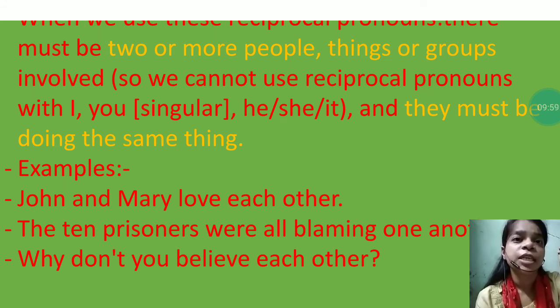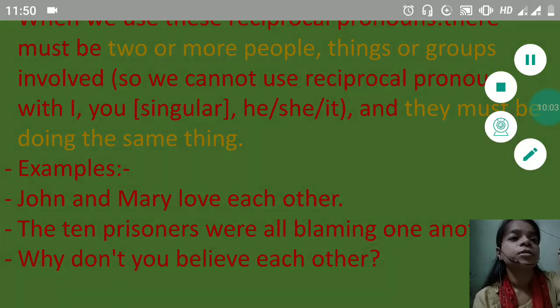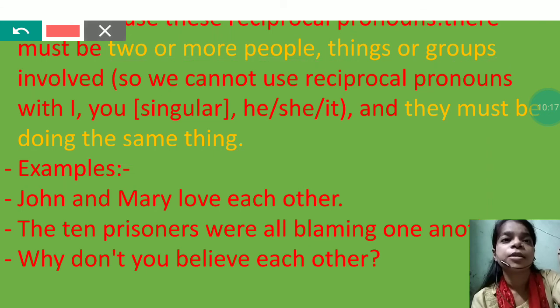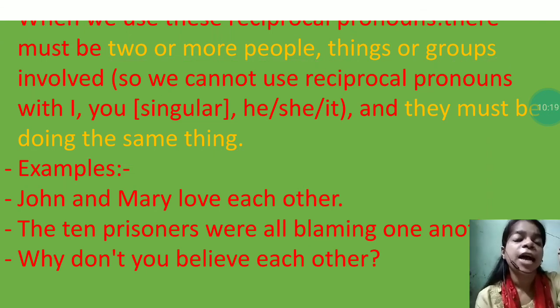There are a few more things to remember. Whenever we write a reciprocal pronoun, there should be two or more people, as it was said, two or more subjects, and they must be doing the same thing. So how will you identify whether we have to use a reciprocal pronoun or not?